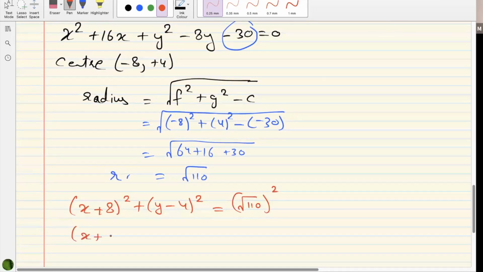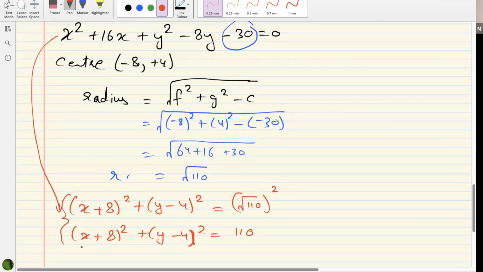And this second form is also acceptable because 110 is not a perfect square. So from this to either of these two, this is the equation of the circle.